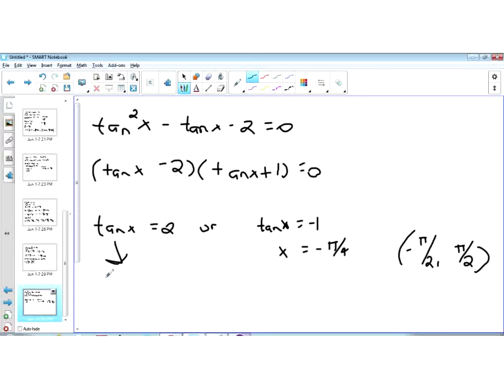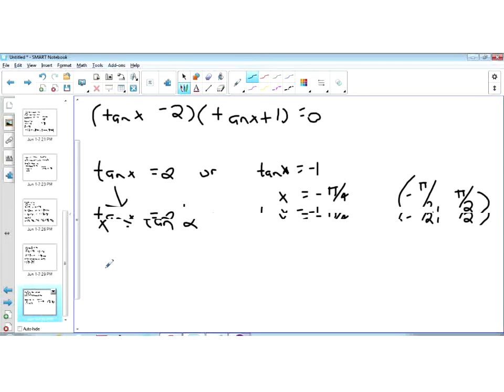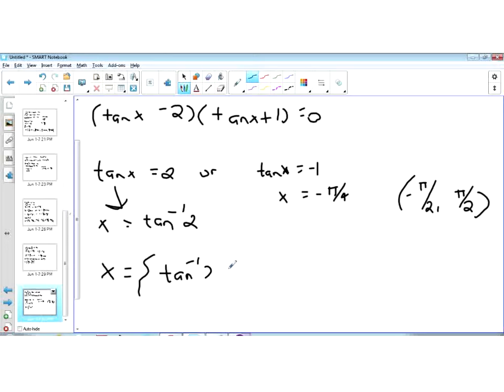All right, and so the solution to this one, of course, would be x is equal to, well, we don't know precisely what that would be, so we can just write tan inverse of 2. All right, so now, by periodic extensions, the solutions would be tan inverse of 2 plus n pi, and then negative pi fourths plus n pi.